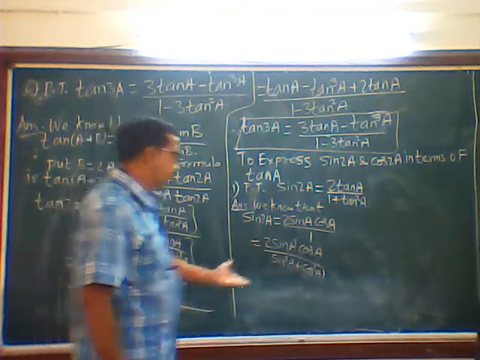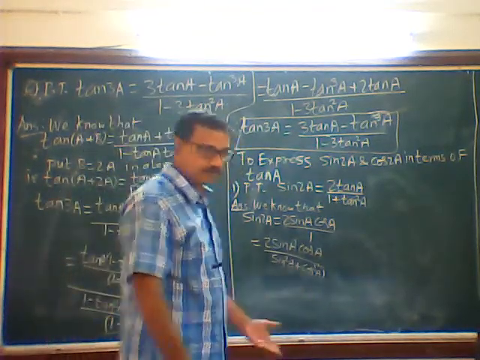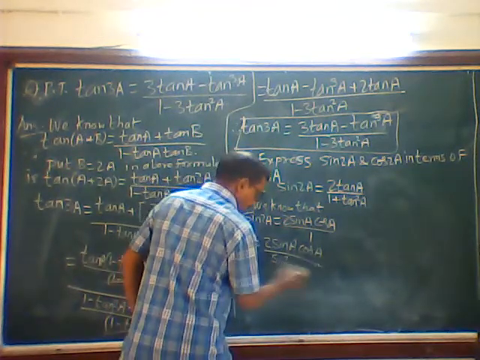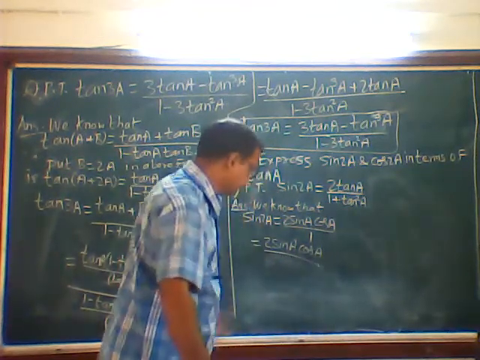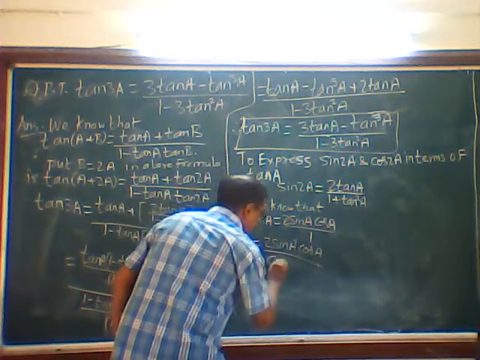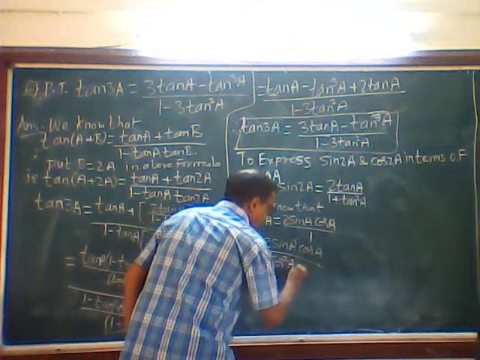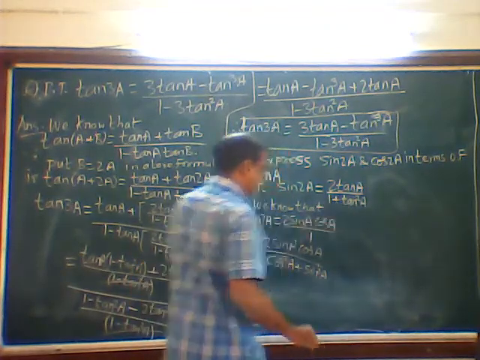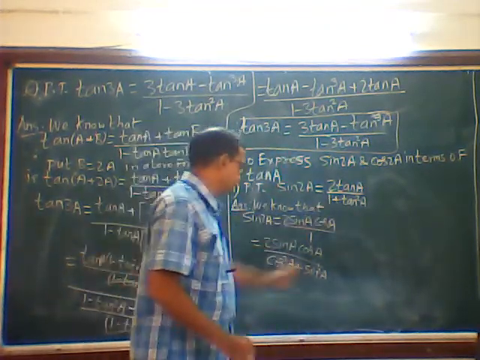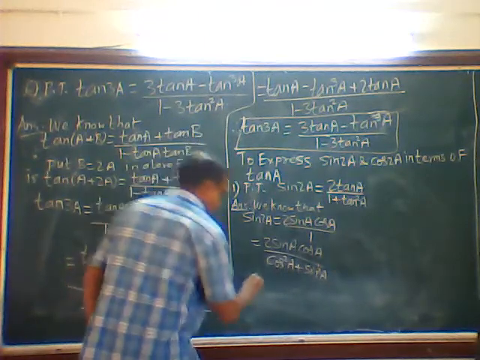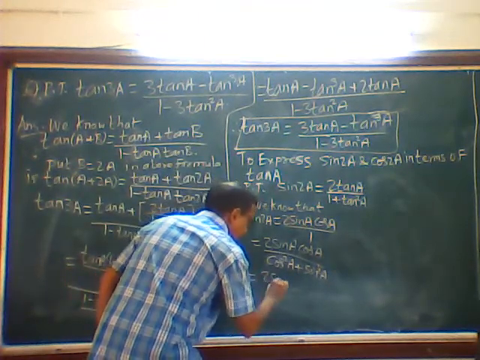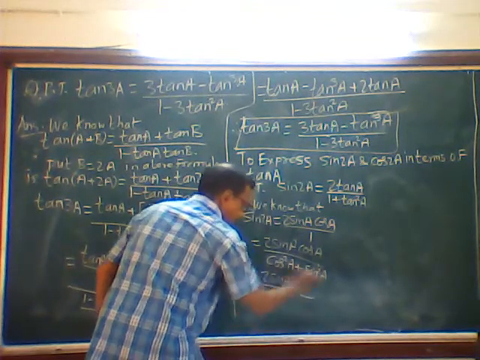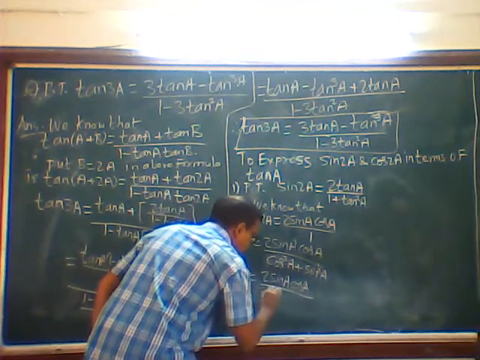Instead of writing sin square a plus cos square a, I write it as cos square a plus sin square a, because in the denominator I want tan square a to come, and here 1 to come. Next step: 2 sin a cos a divided by, in this I take out cos square a common.